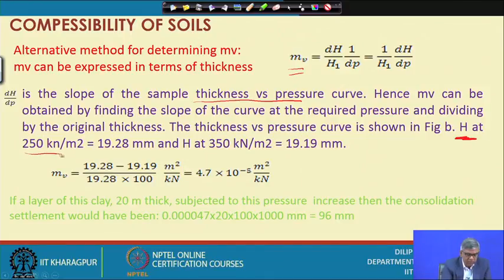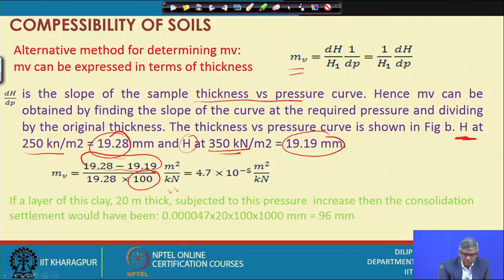H at 250 kilonewton per square meter is this much, and the thickness at 350 kilonewton per square meter is this much. So, del H is 19.28 minus 19.19, and del P is 100. del H by del P, divided by the original thickness H1, 19.28.